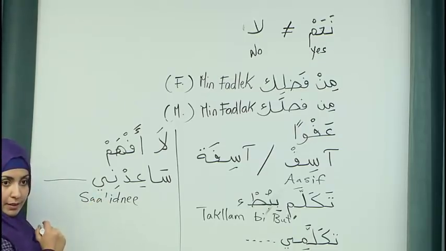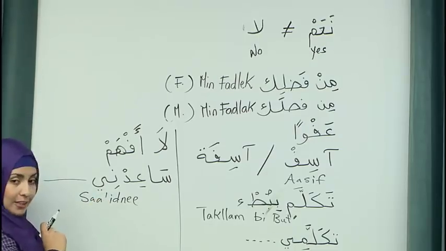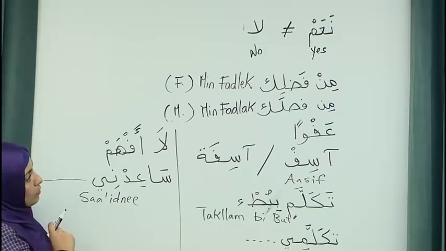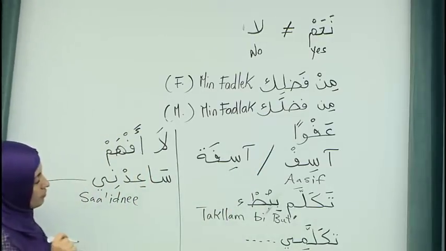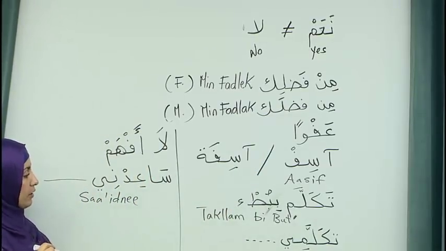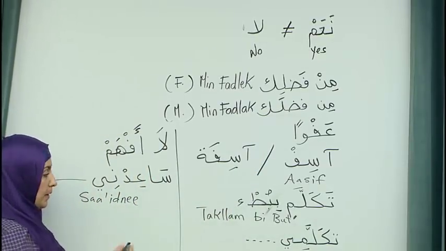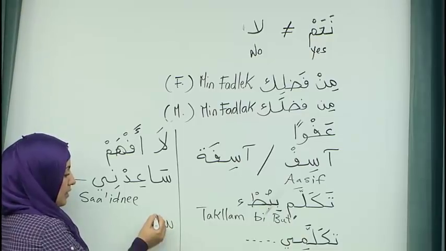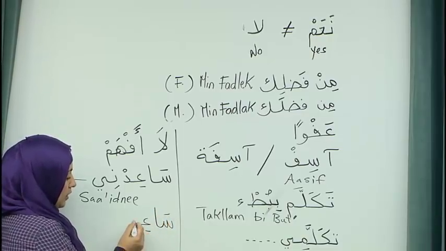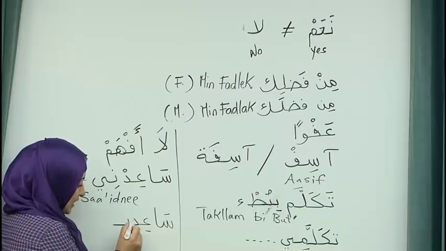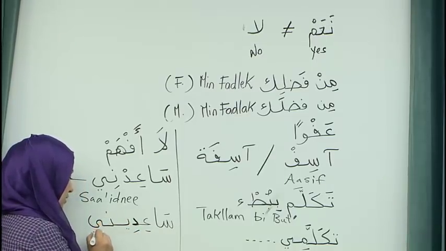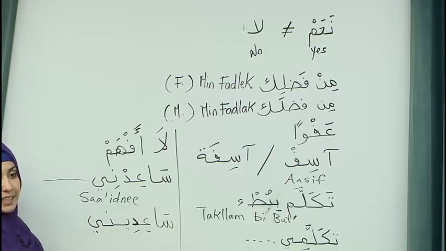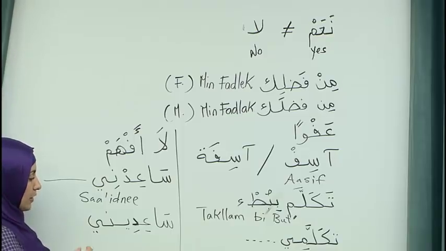Because you're talking to male. You say ساعدني من فضلك. You're asking a female. You're going to say ساعديني. ساعديني من فضلك.